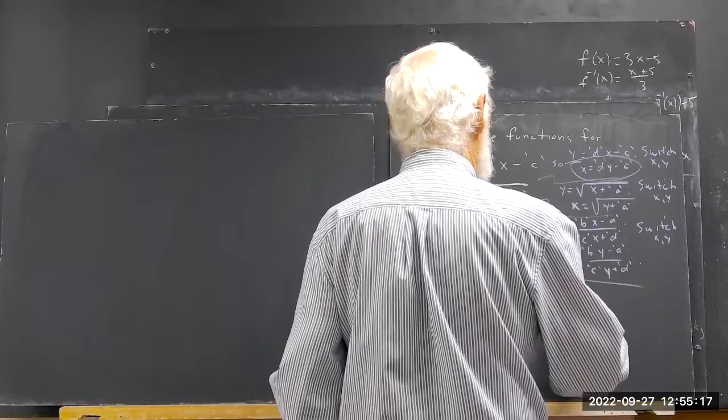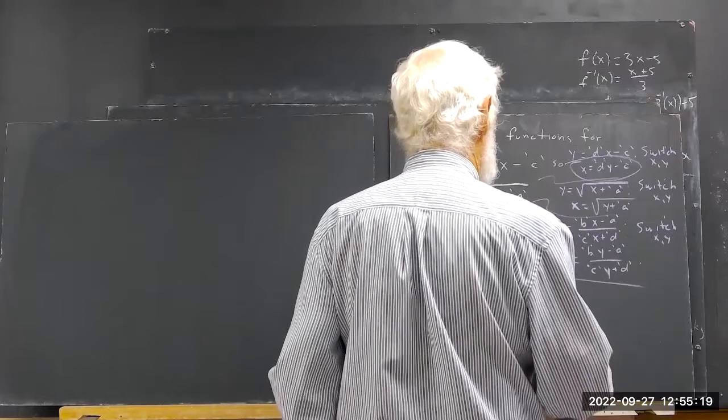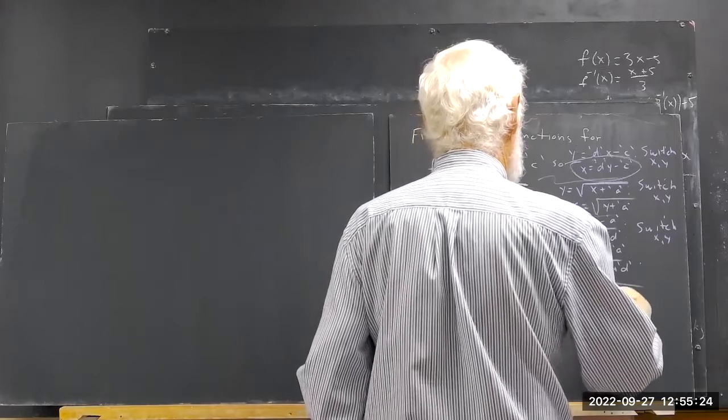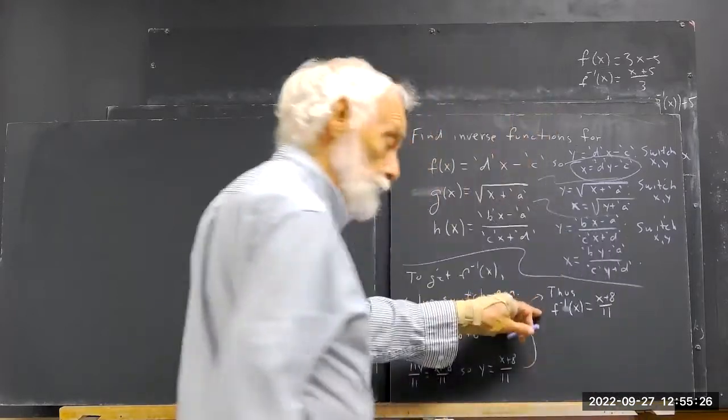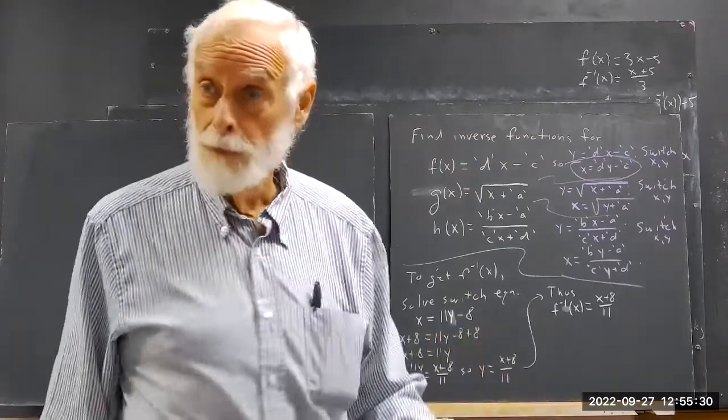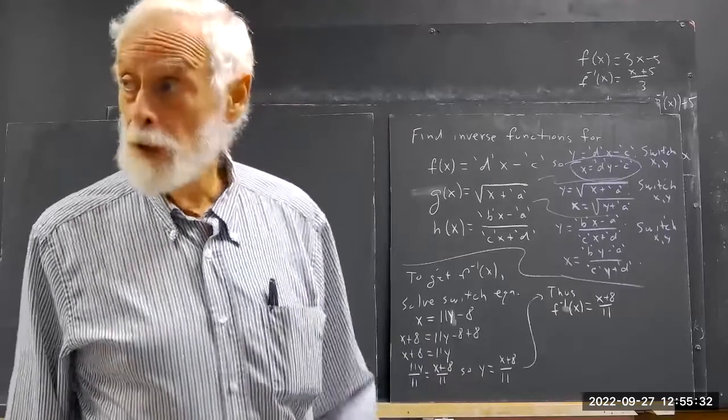Thus, f inverse of x equals x plus 8 over 11. You want to write that stuff out to reinforce what you're doing, and so you have a formula for f inverse. Now, we check this.